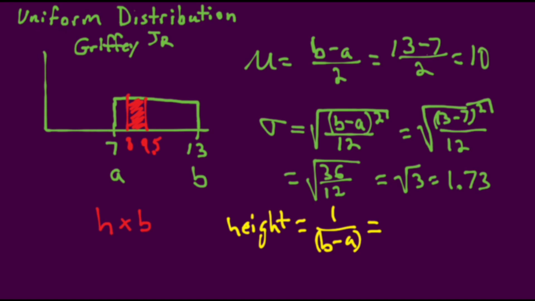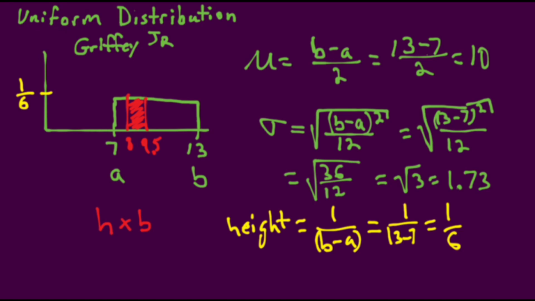And that gives, in our case, 1 over 13 minus 7, or 1/6. So in our case here, the height is 1/6.